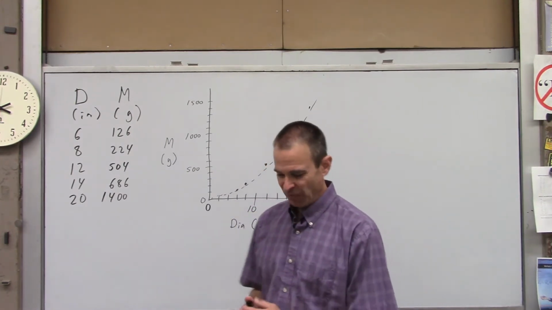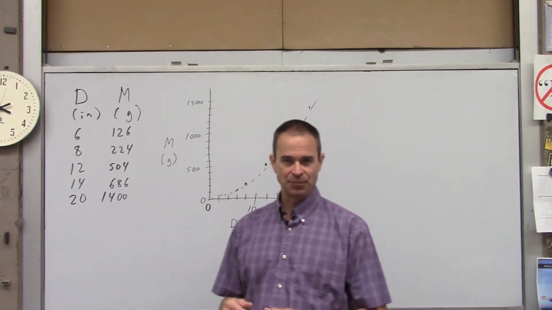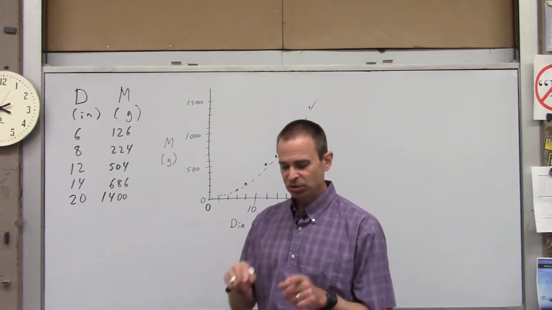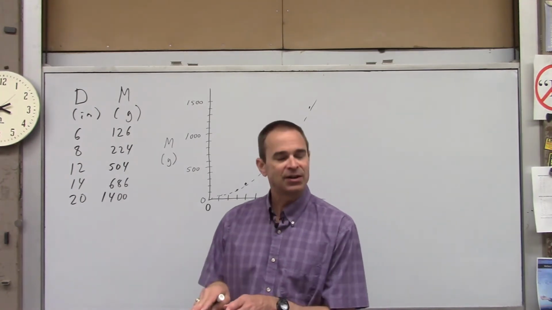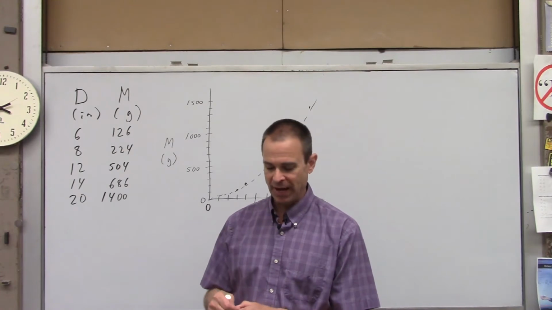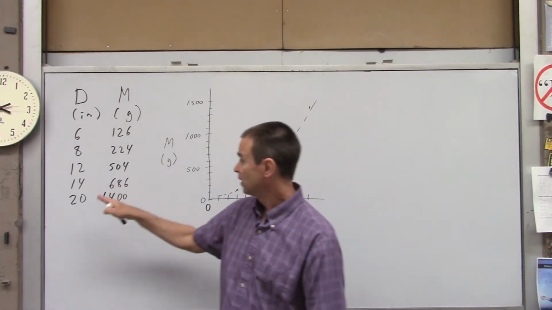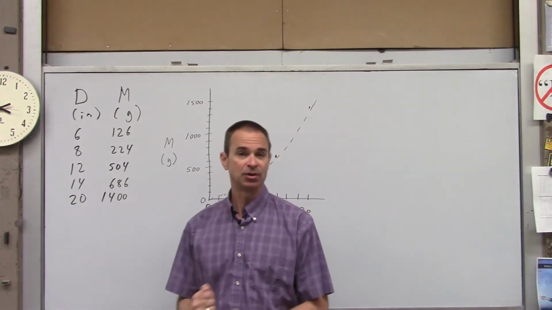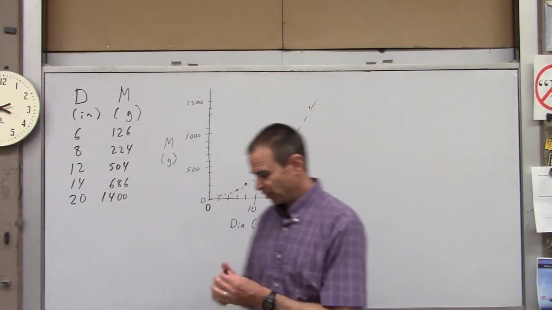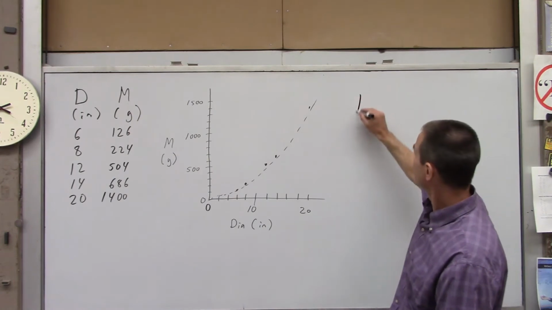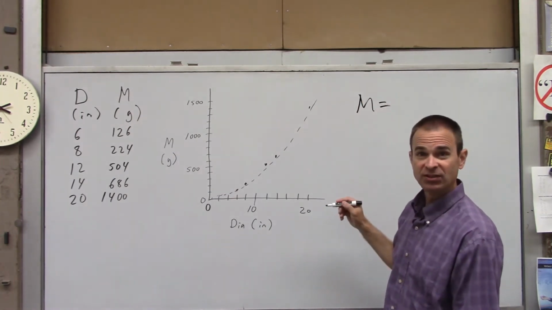Now before we do that, let's talk about the formula. This part you are not going to have to do in our class, but I am going to briefly derive the formula that relates the mass to the diameter of the pizza. It's pretty simple. Mass is density times volume.